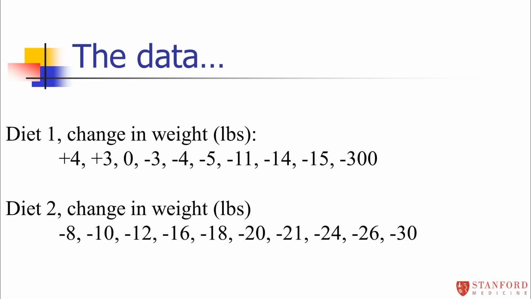If I were going to be recommending a diet to patients, it seems like everybody in diet 2 lost a pretty good chunk of weight, whereas diet 1 was much more variable. One person did great, but there were a lot of people who didn't do as terrific on diet 1. So looking at the data now, I might instinctively think diet 2 seems somewhat better.